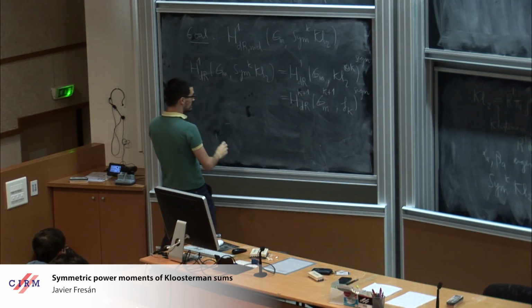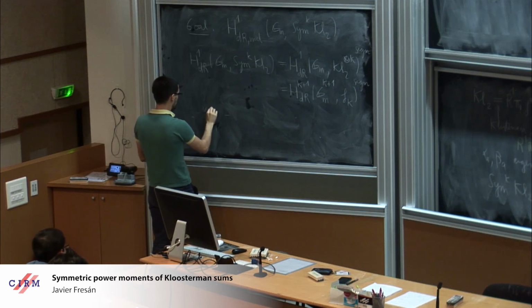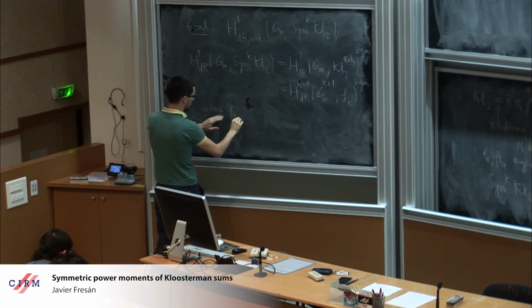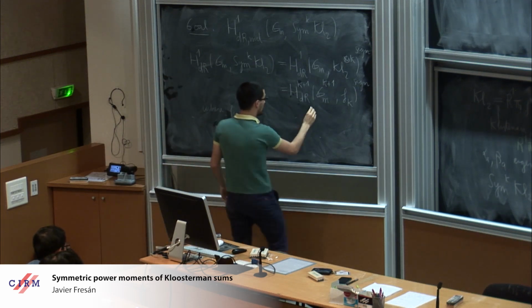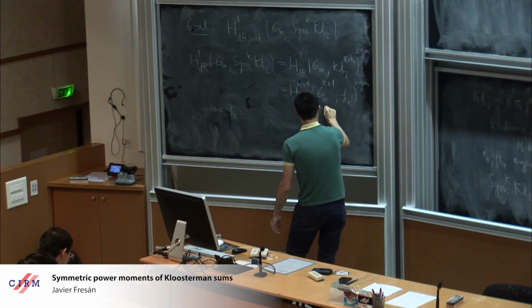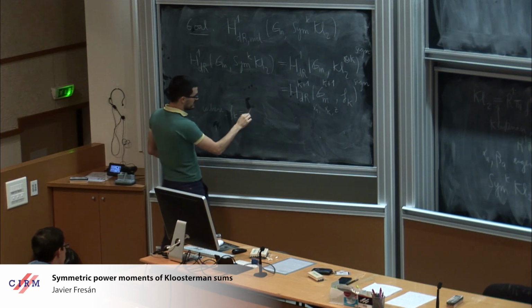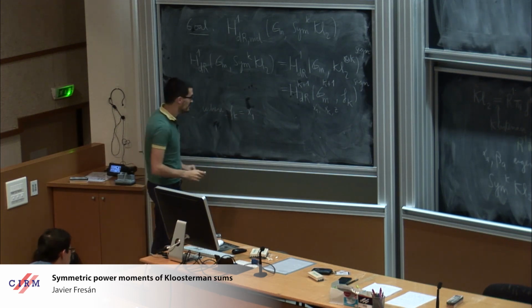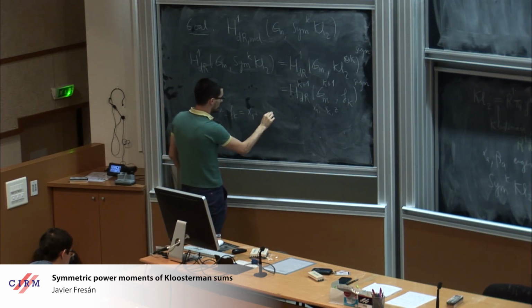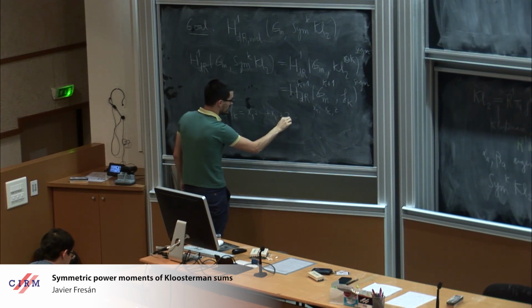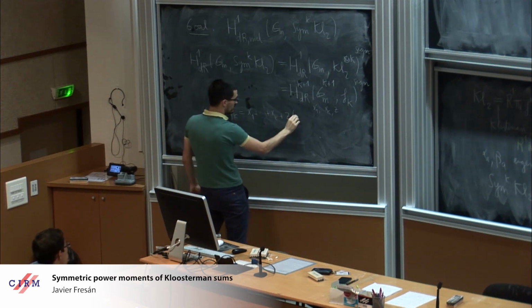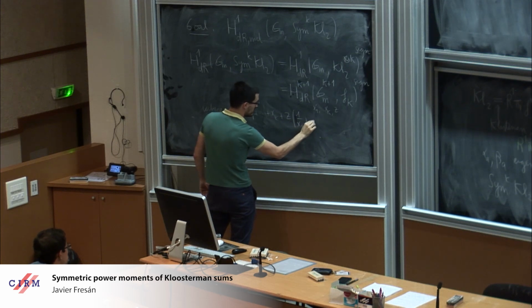Here I have coordinates x1 to xk, and then z, and f_k is a function that you will recognize. It's the sum of the coordinates, plus z multiplying the sum of the inverses of the coordinates.